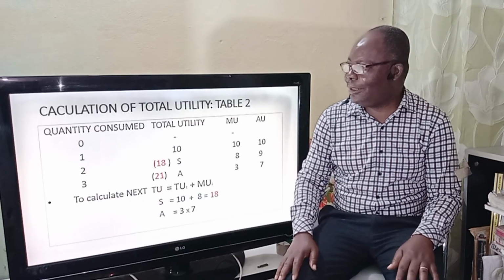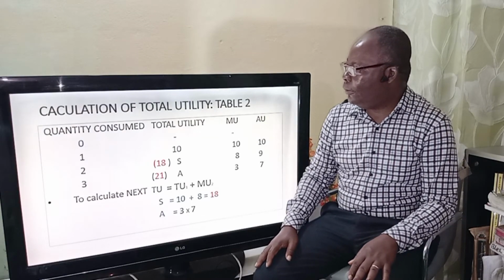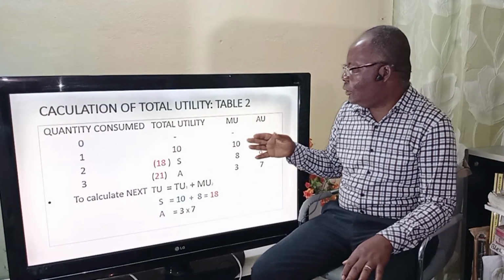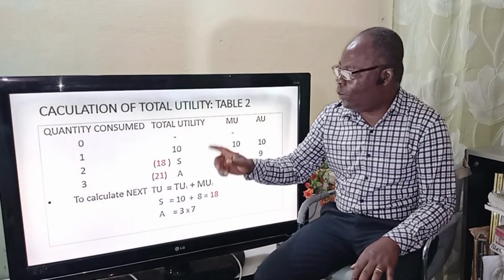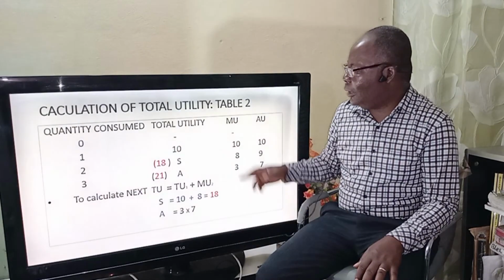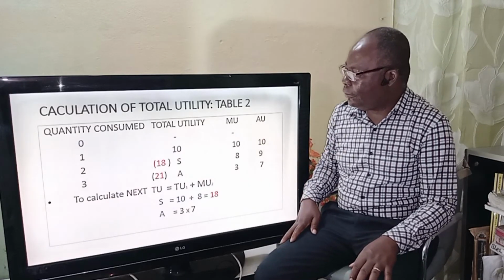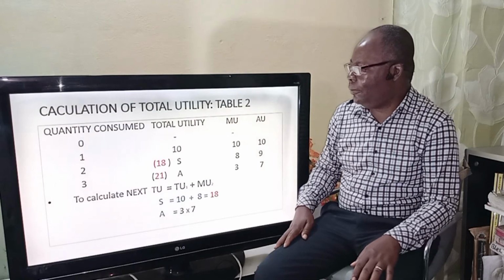Let us also look at the second example. On the second example, we have 0, we have nothing, marginal utility is just nothing, as well as average utility. At 1, we have 10, marginal utility is 10, and then average utility is 10. Then we are looking at X, that's total utility.